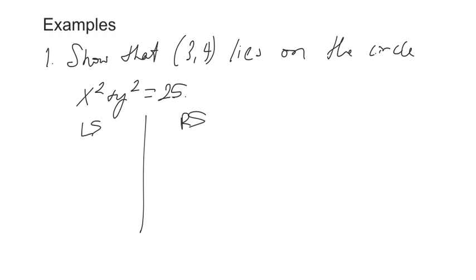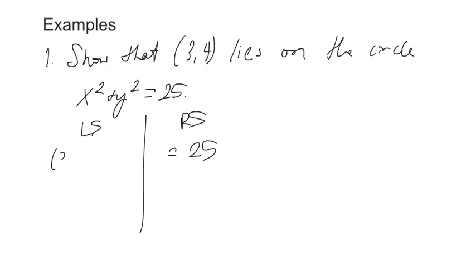So on the right side, that's just going to equal 25. Pretty simple. On the left side, however, I've got x squared and y squared. And so what I want to do is take the point that I'm given, 3 and 4, substitute 3 in for x and 4 in for y, and work that out.